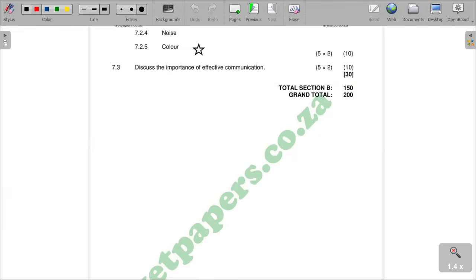Noise. The office should be situated away from noise sources.